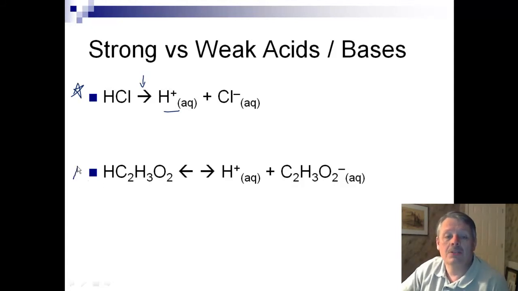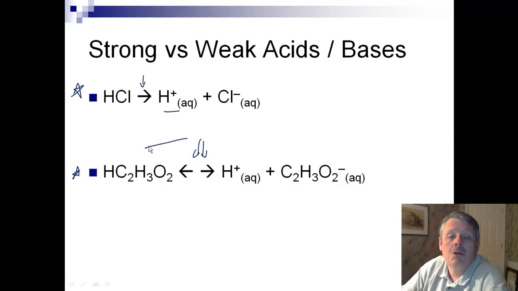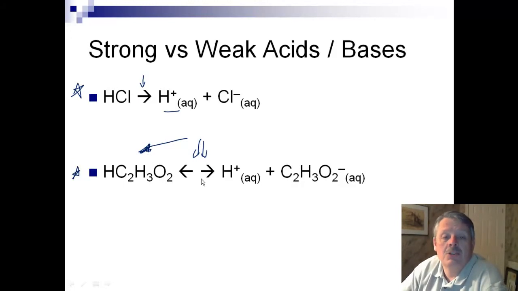Now what about a weak acid? Well, down here we've got acetic acid, and now notice you've got arrows going in both directions. The reason you have arrows going in both directions, if you remember from weak acids, is yes, acetic acid dissociates, but the majority of it stays as HC2H3O2.